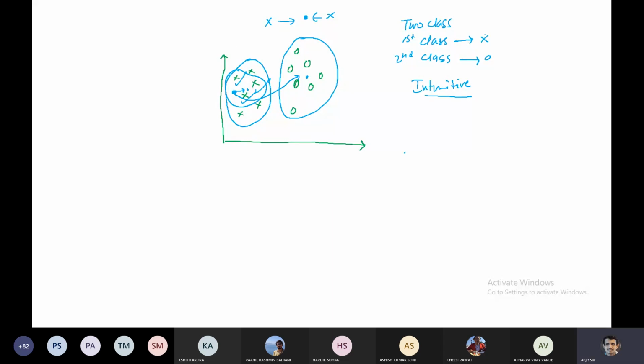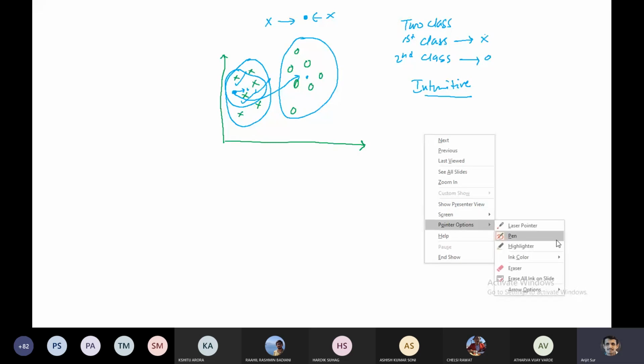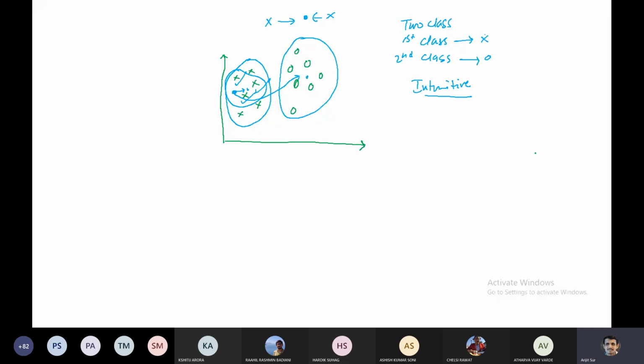Okay, so I'll check another scenario that may be a bit complicated.